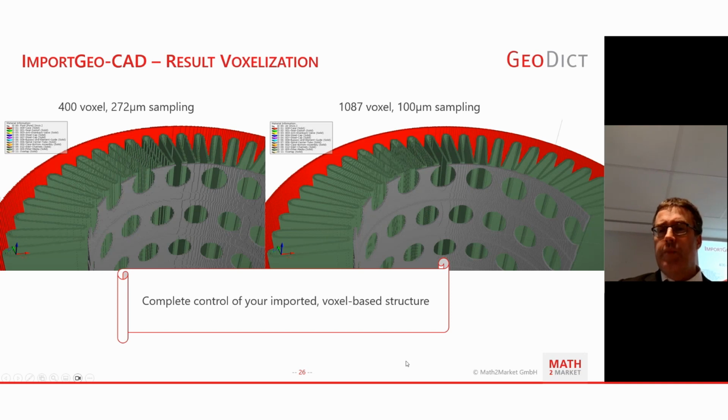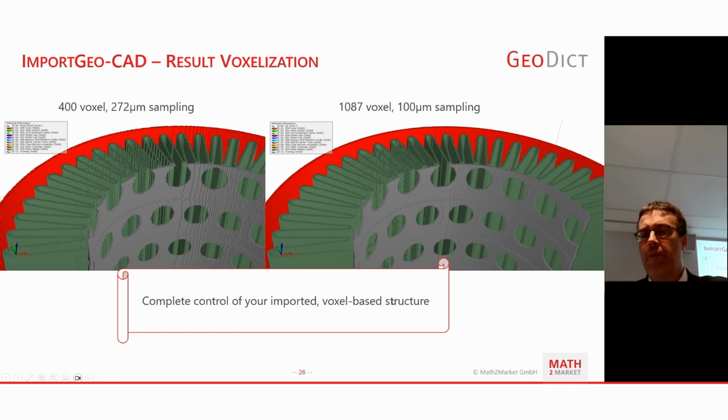Now we have imported our CAD structure. We are now within our voxel-based domain and have imported our first guess of our pleated filter. But at the moment, we have a lot of structures in there because the input file contained 10 surface structures, or recognized 10 structures.